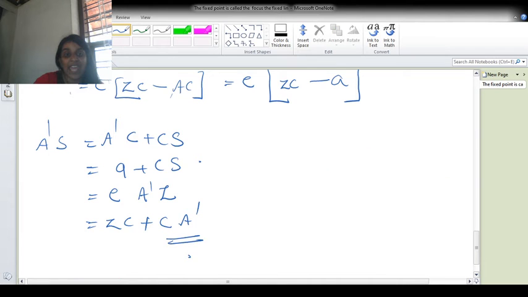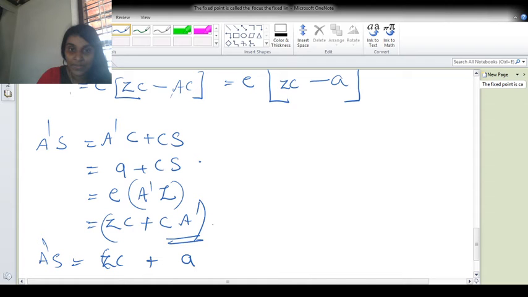What is C A dash? It is a. So A dash S is equal to e into Z dash C plus a, and e is already there. So e into ZC plus a.